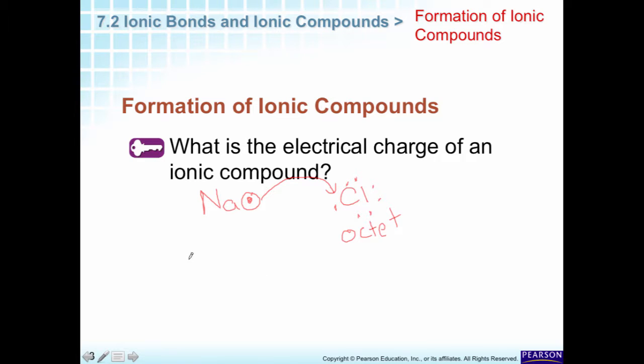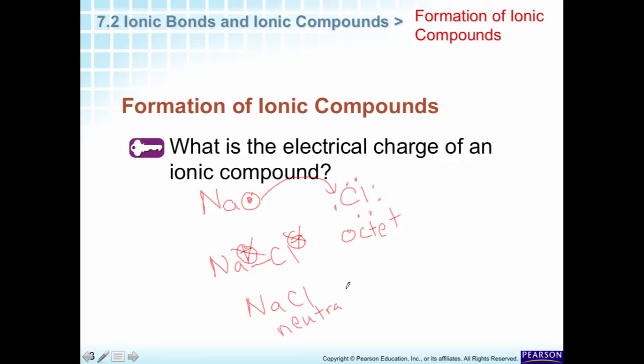But when it does that, sodium becomes Na+, and chlorine becomes Cl-, right? And they're attracted to each other and they bond, so you end up getting sodium chloride. Since we have one positive charge and one negative charge, they're going to cancel out in the compound, so our compound is going to be neutral.